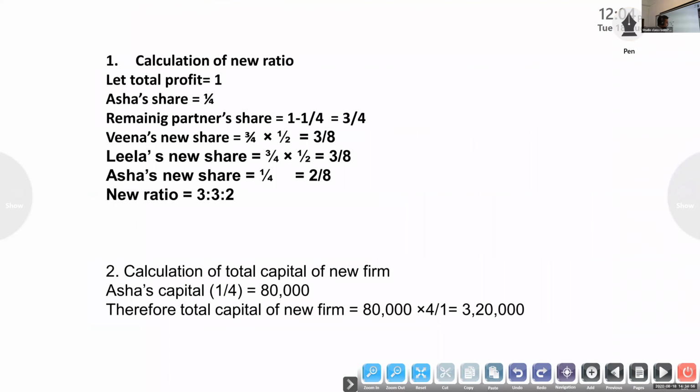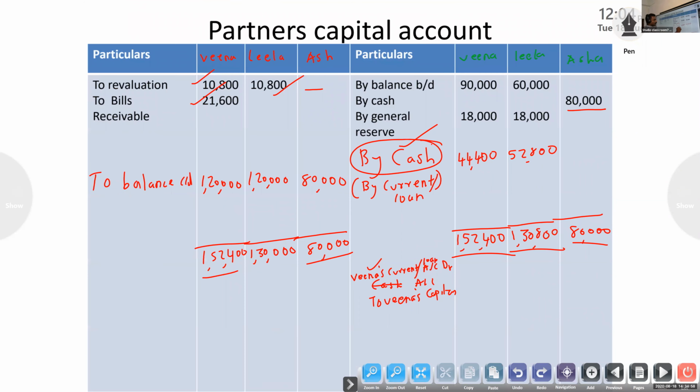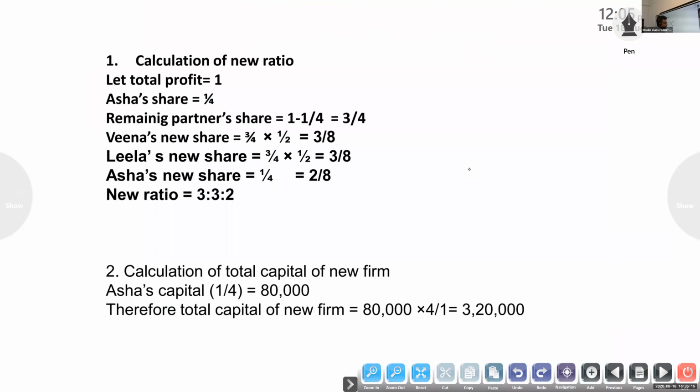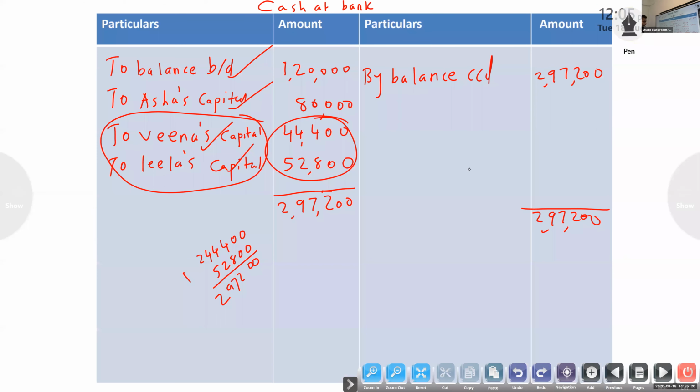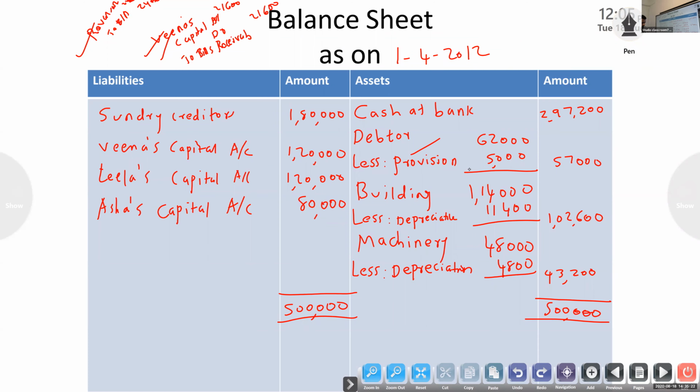You have to look at the partners' capital account and current account, which says the balance amount will change by the current account. So it will come on the same side.